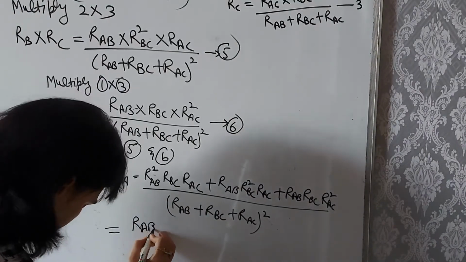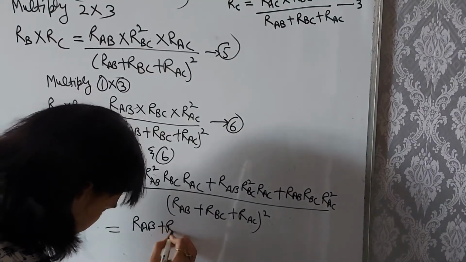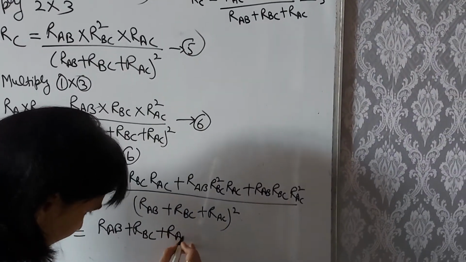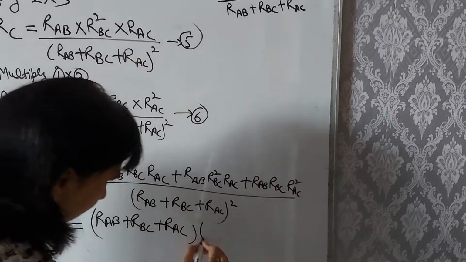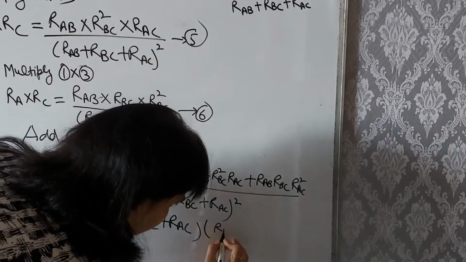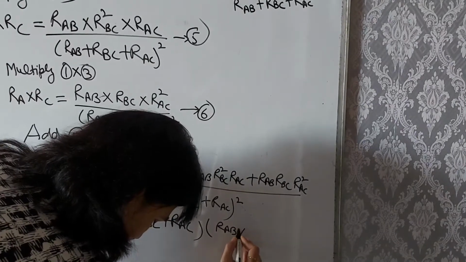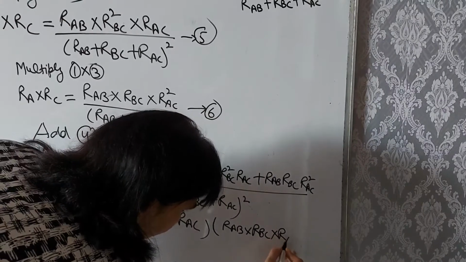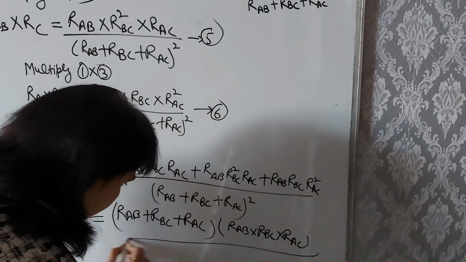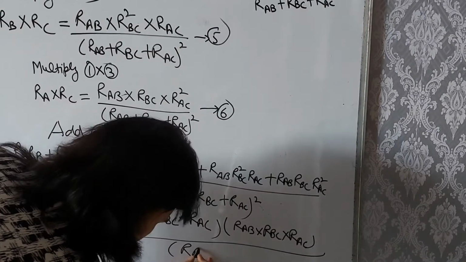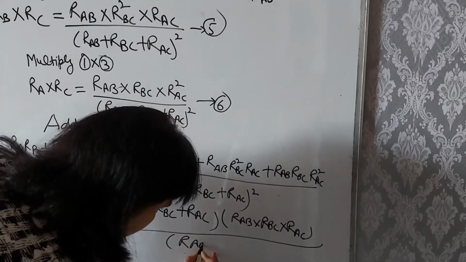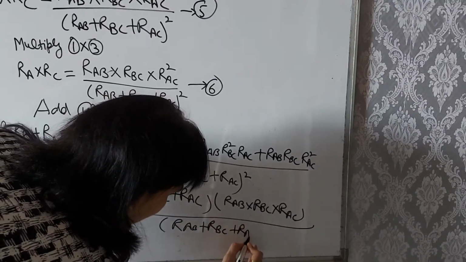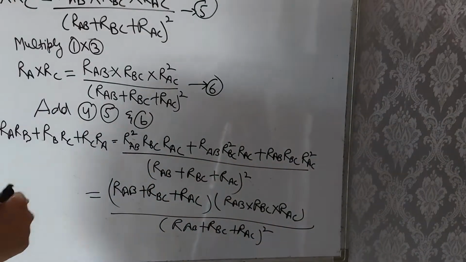When we solve this, the equation will become RAB plus RBC plus RAC into RAB into RBC into RAC upon RAB plus RBC plus RAC the square.